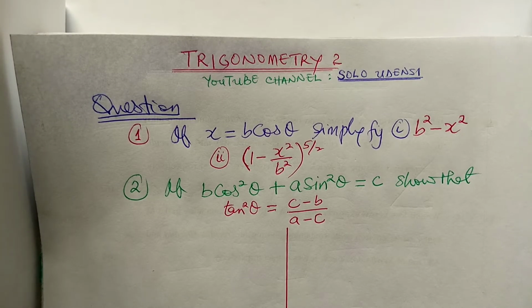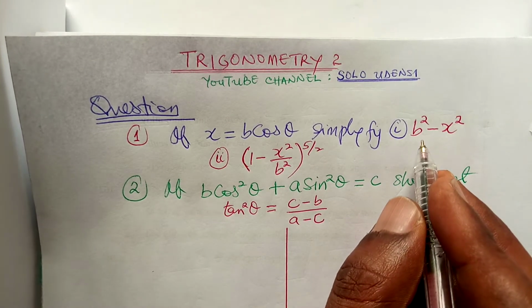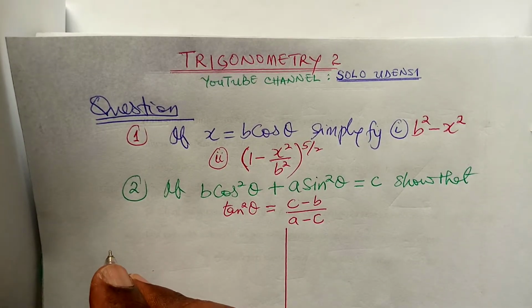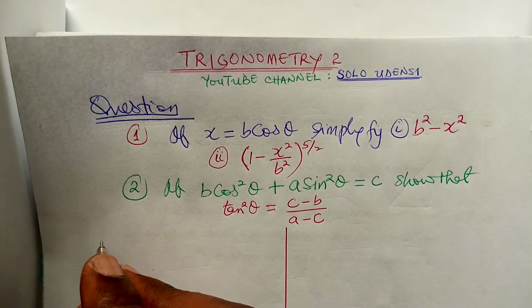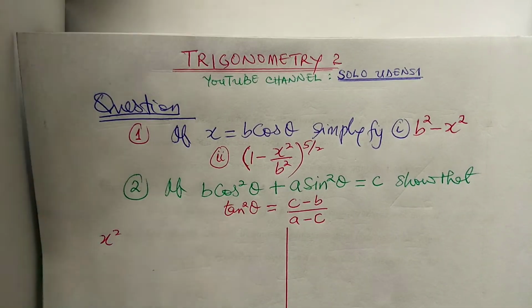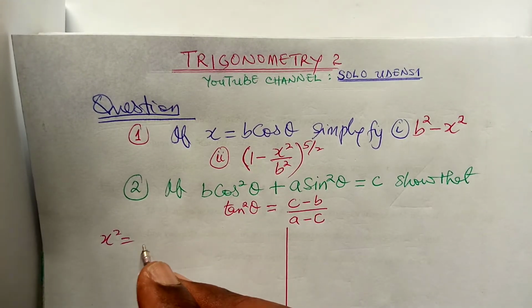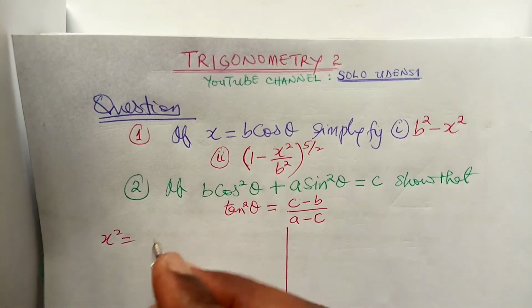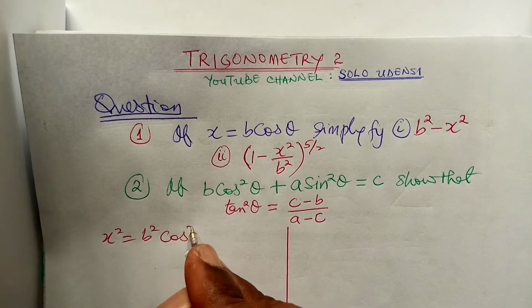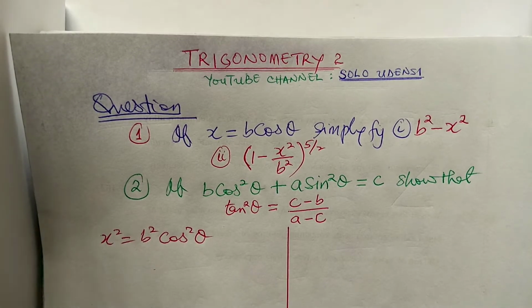Okay, so let's proceed to solve the first one. First of all, we know from here that x squared is equal to b squared cos squared theta.